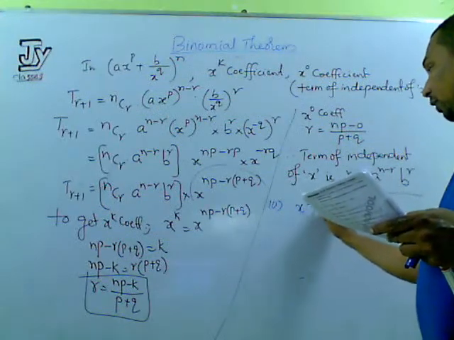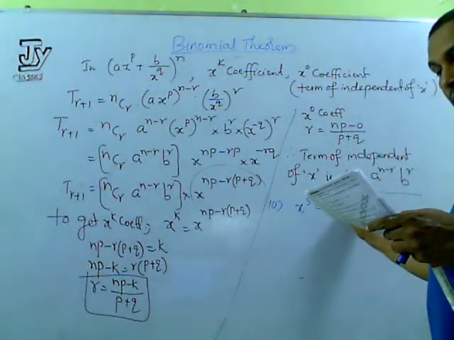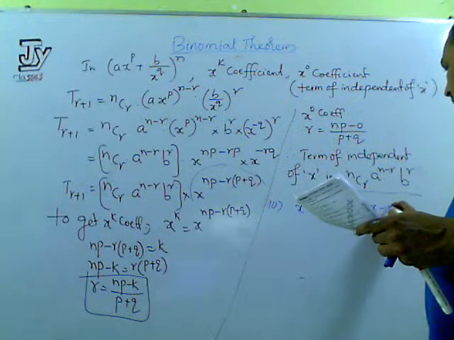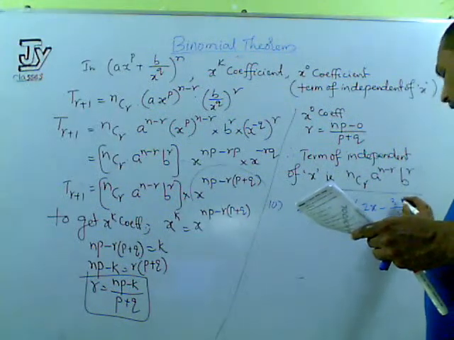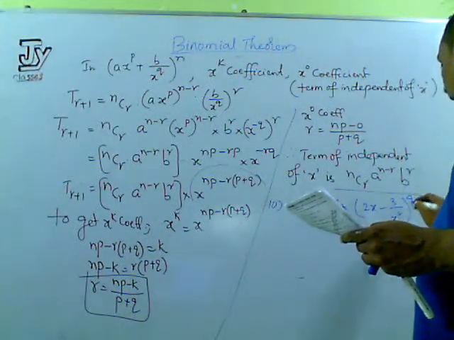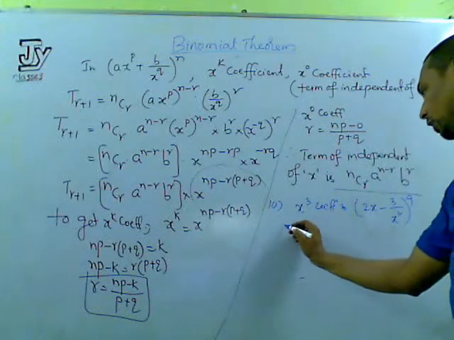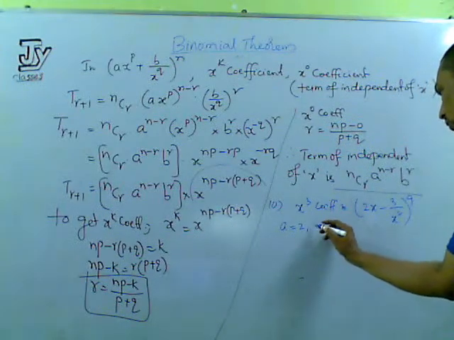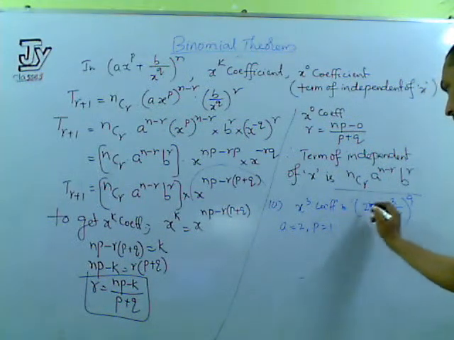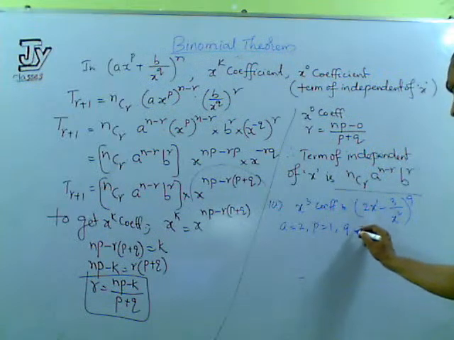The x power 3 coefficient in (2x minus 3 by x square) whole to the power of 9. You have to compare with this question. What is a? 2. What is p? 1. What is q?